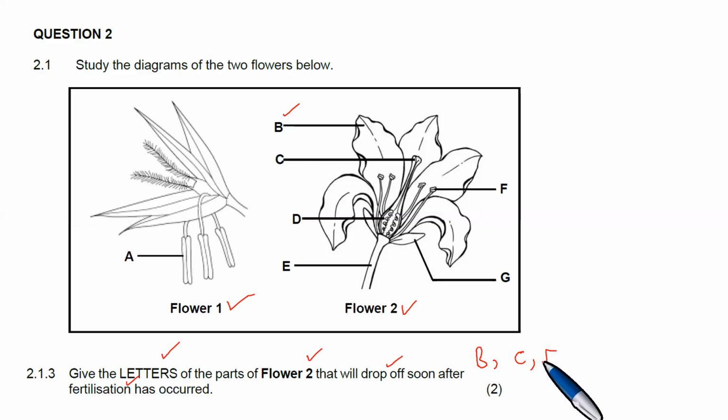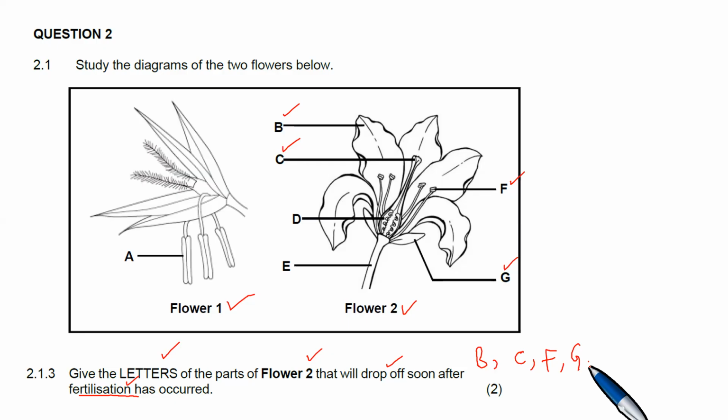But we also know that part F will drop off after fertilization has occurred. There's also part G that will drop off. So parts B, C, F, G will drop off. These are the parts that will most certainly drop off after fertilization has occurred.